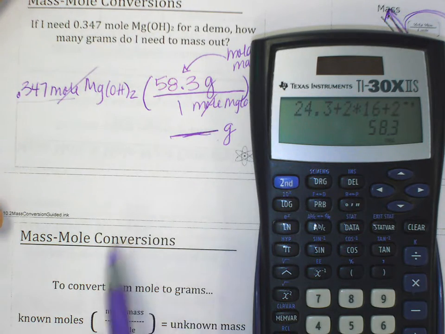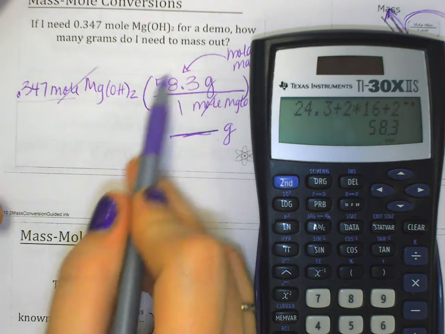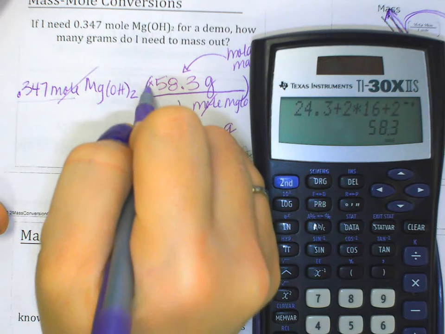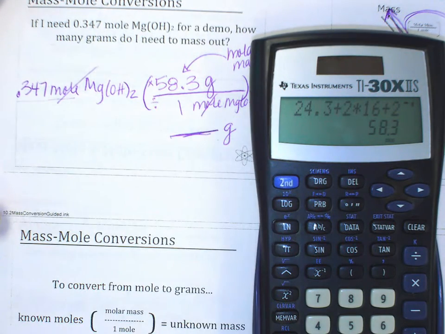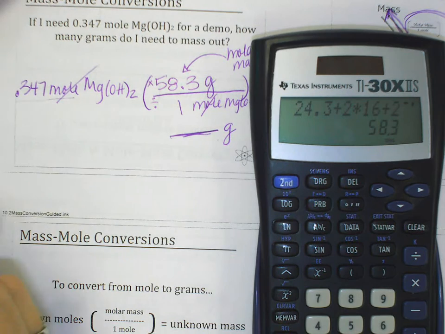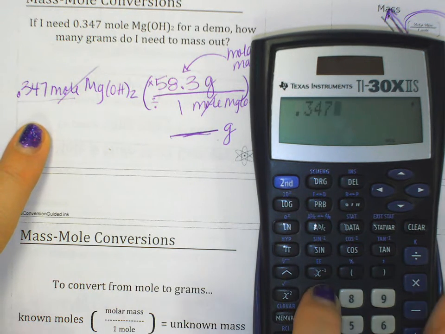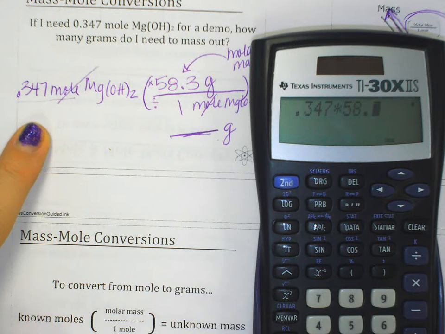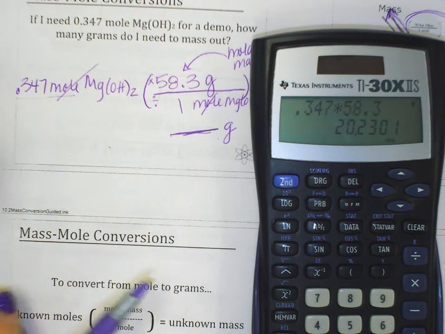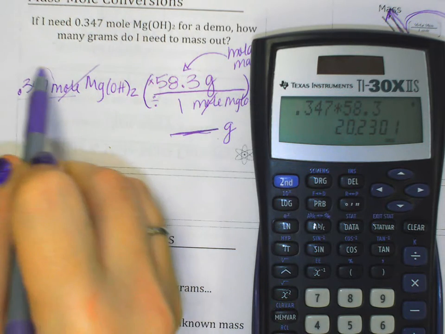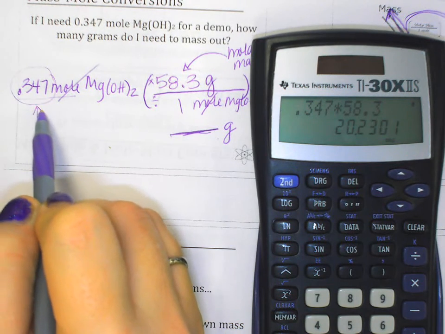When I look at that calculation, I can see since it's on the top, I multiply by the top, divide by the bottom. Since it's a 1, I don't need to do that, but I'm going to take 0.347 times 58.3. I'm going to go back and check my sig figs. You always look at your original measurement.